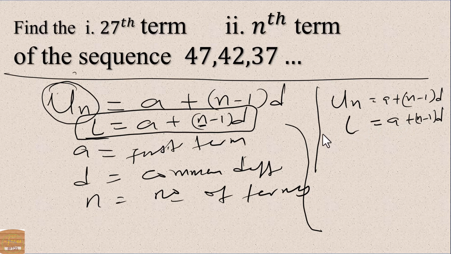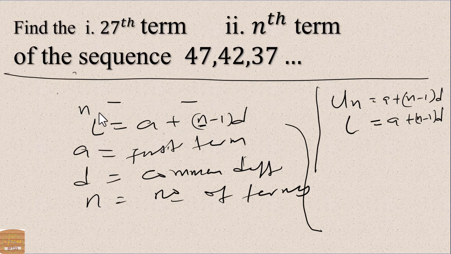So with this, let's solve the question. Find the 27th term of the sequence and then the nth term as well. Let's do it together.